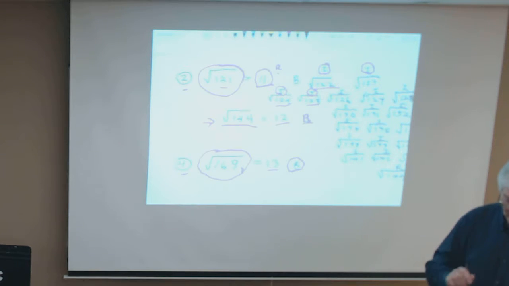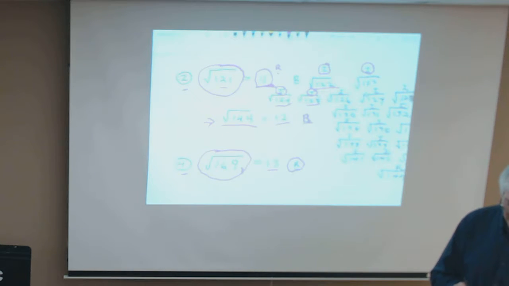That you've got 11 is the square root of 121. 12 is the square root of 144. The square root of all the numbers between 121 and 144 are irrational numbers. And 12 is the square root of 144, so that's rational. 13 is the square root of 169, that's rational.